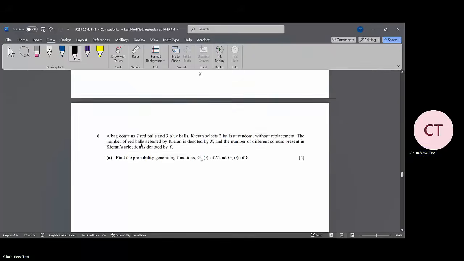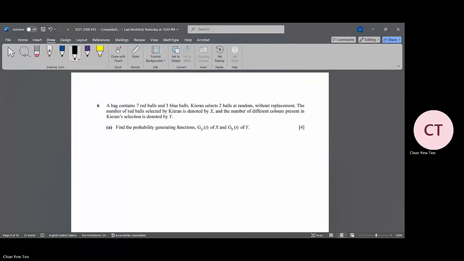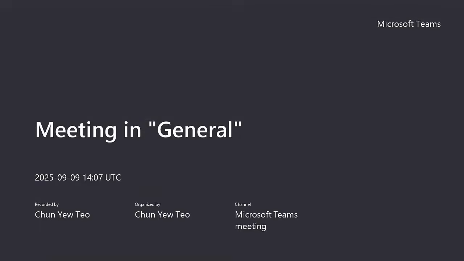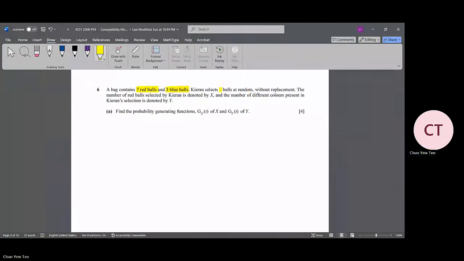Move on. We have question number 6. Select two balls at random without replacement.